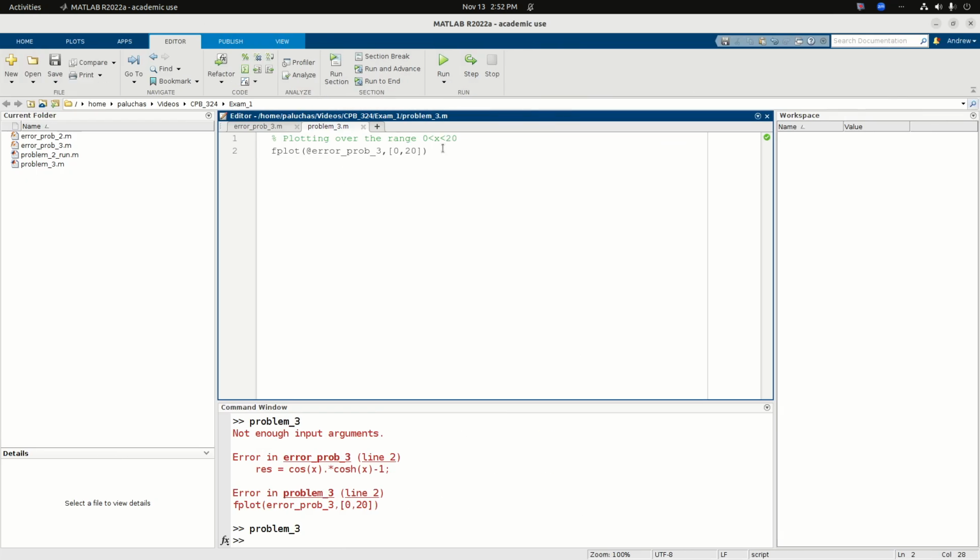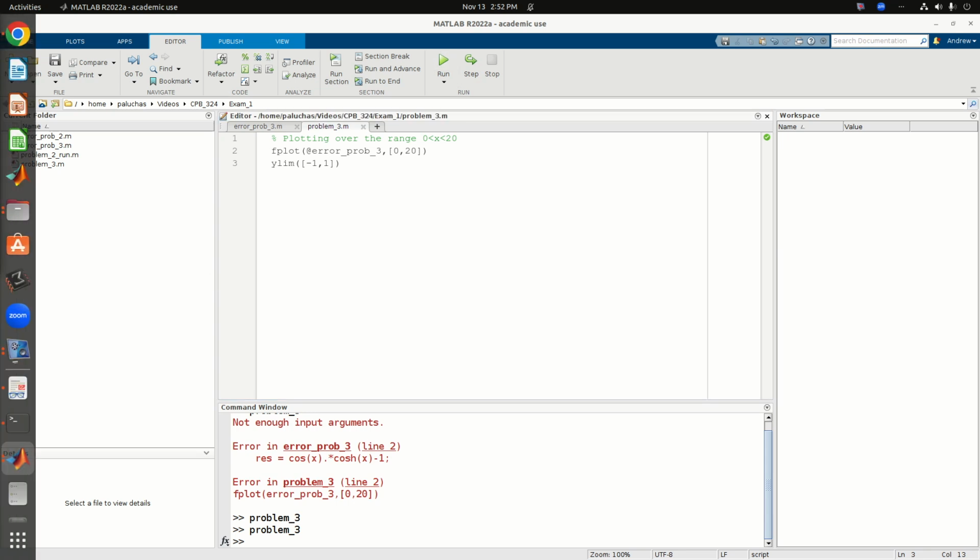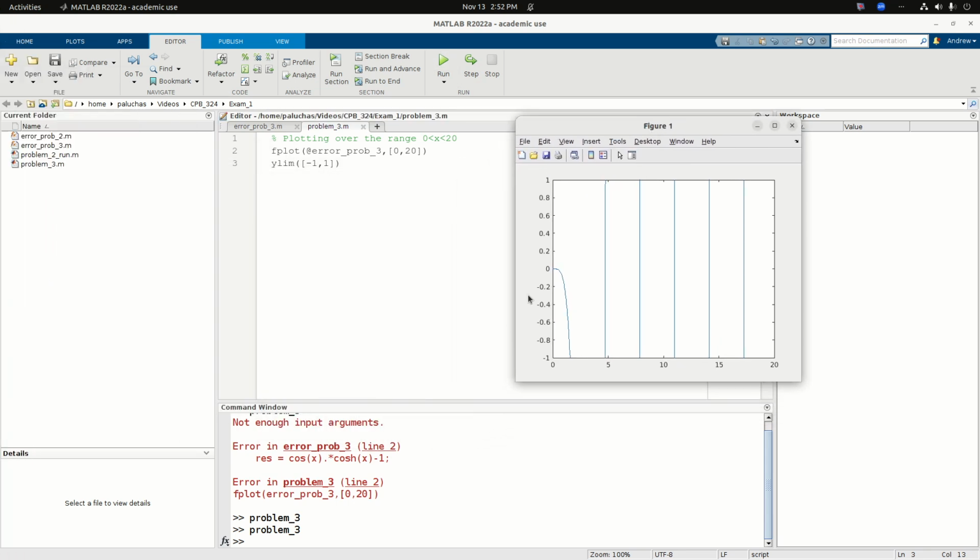So I'm going to set my y-axis limit, and I'll do -1 to 1. When I do that, I don't see much in terms of the graph, but I see my stripes. We ignore 0, don't take 0 as a root. But then here's 1, 2, 3, 4, 5 roots.